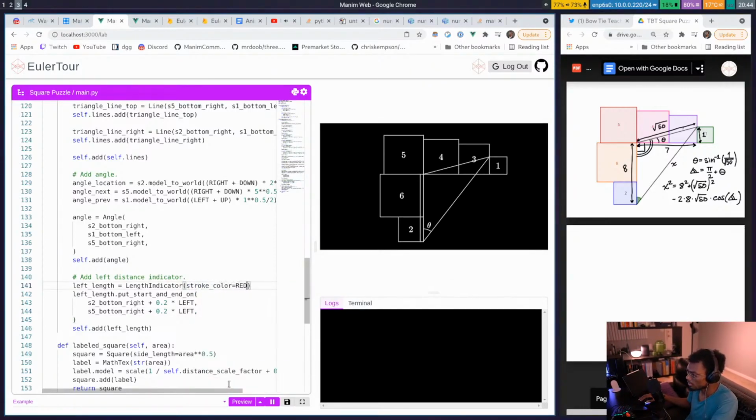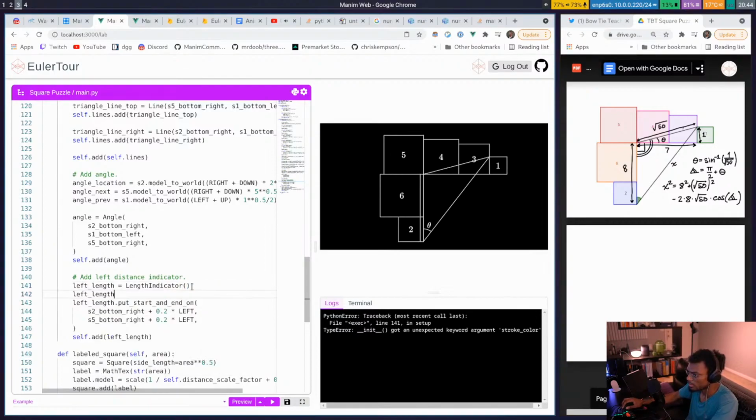Let's make that red or something. Oh, I can't pass the stroke color here. Guess I don't think that matters. I don't know, purple, sure.